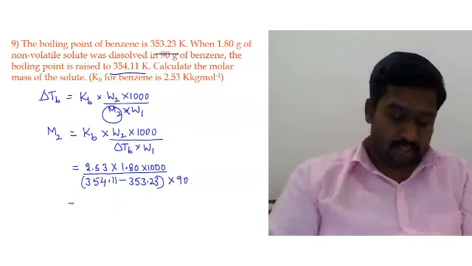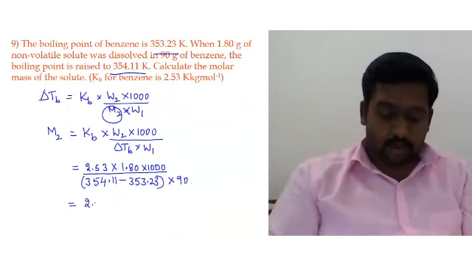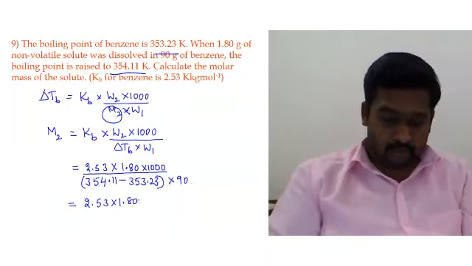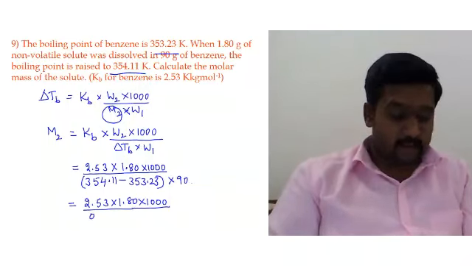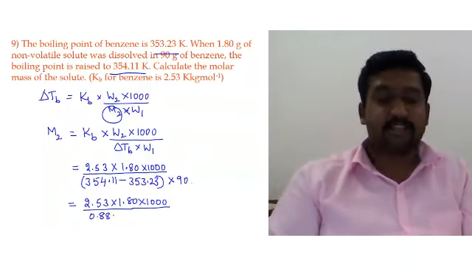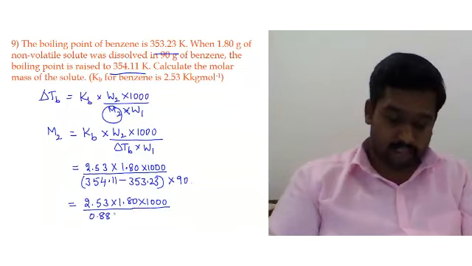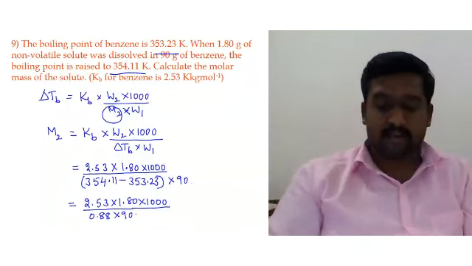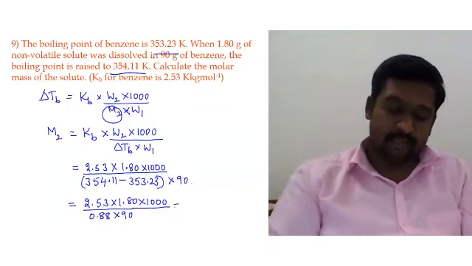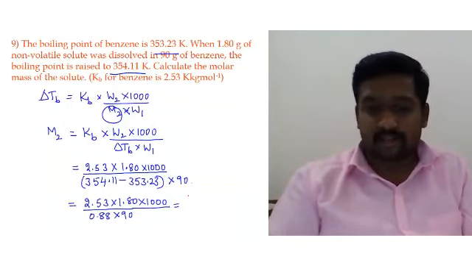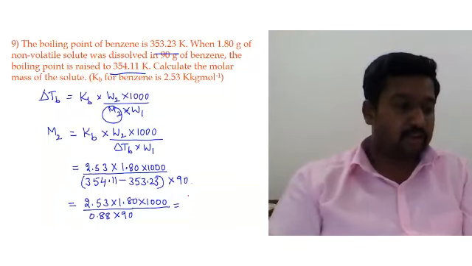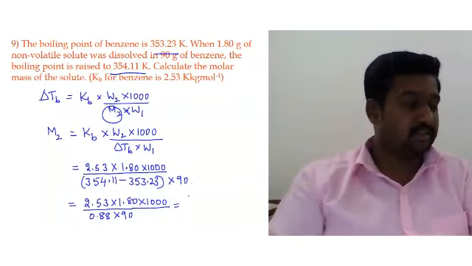So let us simplify this. 2.53 into 1.80 into 1000 divided by 0.88, this is the difference between those two boiling points, into 90. Now use your mathematical intelligence, do the numerical calculation, and finally find out the right answer for this question.